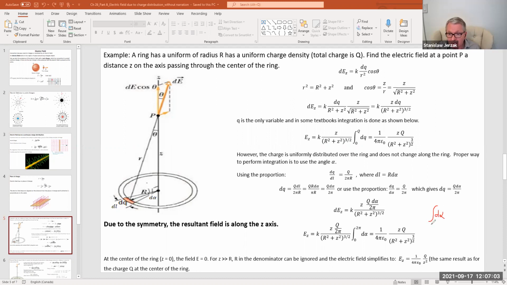Yeah, the definite integral from 0 to 2 pi. Well, the integral d alpha is equal to alpha, right? And then you have to substitute the limits, upper limit and lower limit, like you did in calculus classes. So this is equal to what? You first substitute upper limit, which is 2 pi, because that alpha now must be in radians.